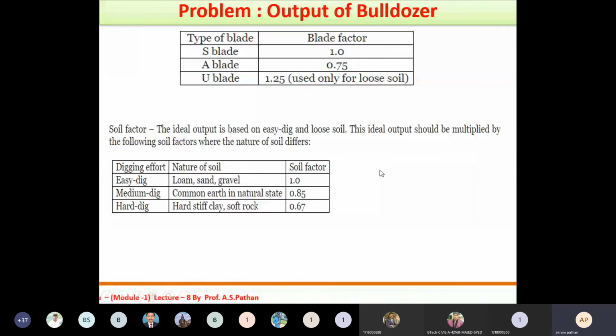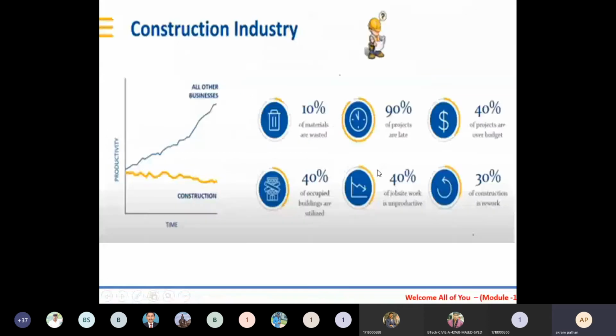Okay, then if you see here the construction industry, for example, in the present situation we have seen various types of equipment we have used for particular work, for excavation, then for excavating trenches for pipelines, and trenches for oil pipelines also.